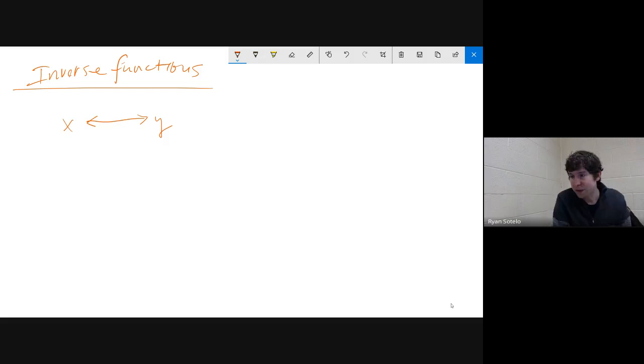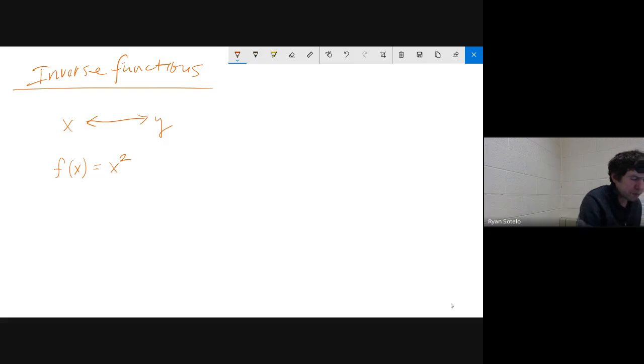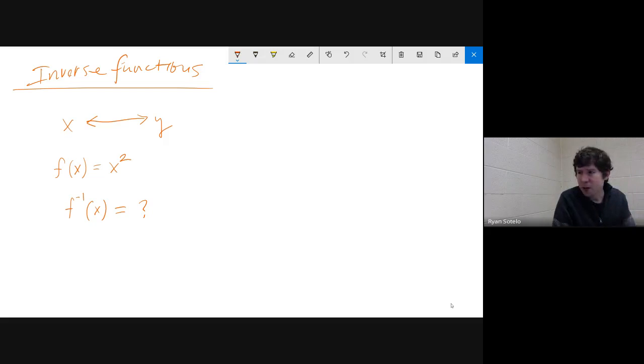Let's say f of x equals x squared. That's the main function. What we're looking for now is what's called the inverse function, which you write with a little superscript -1 up there. And so the question is, how would you find an inverse function?